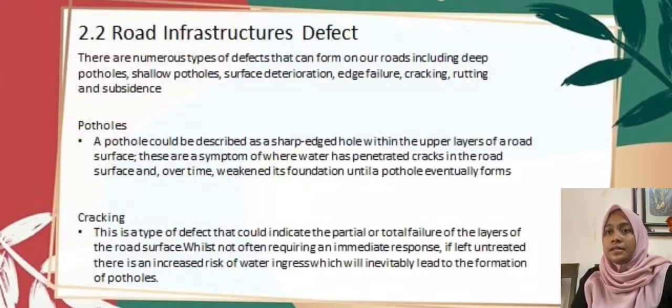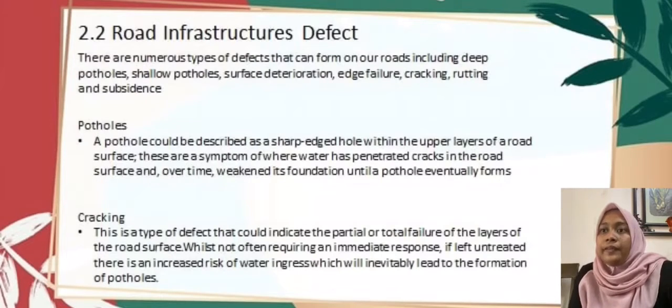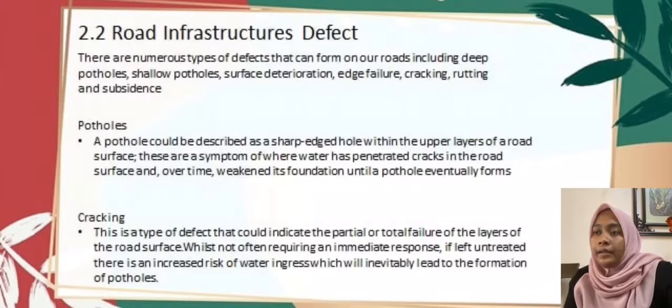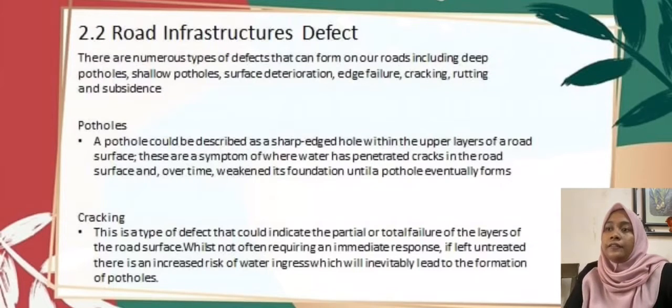Next is cracking. This is a type of defect that could indicate the partial or total failure of the layer of the road surface, whilst not often requiring an immediate response.